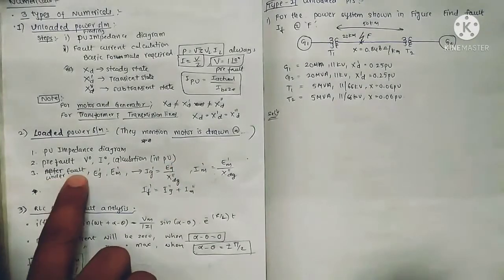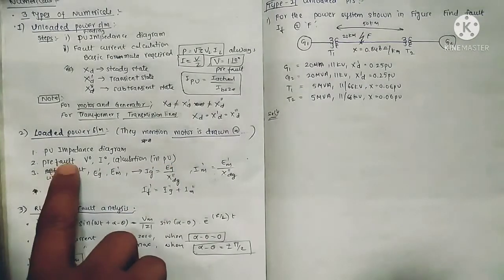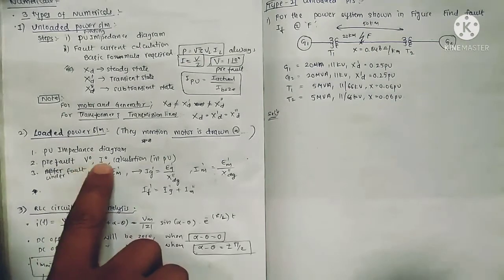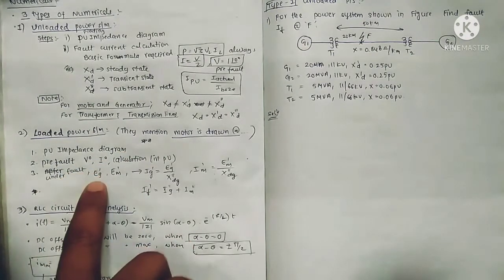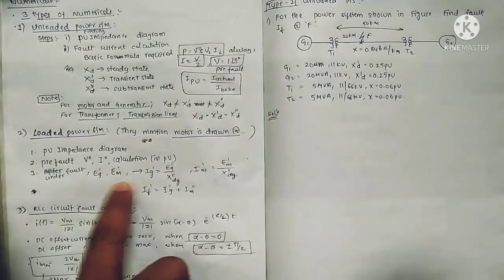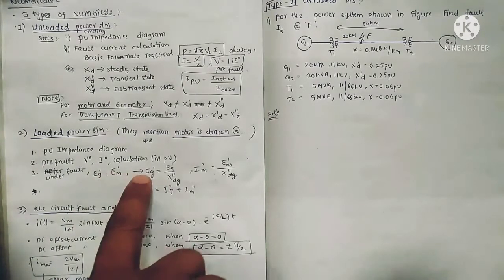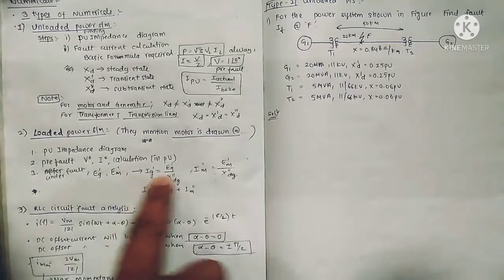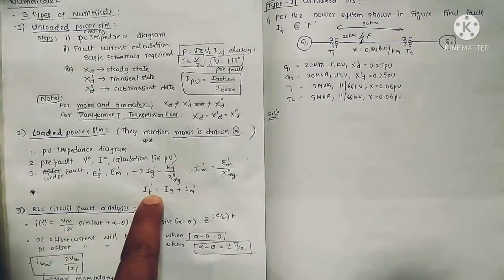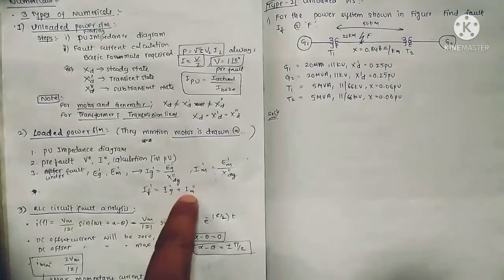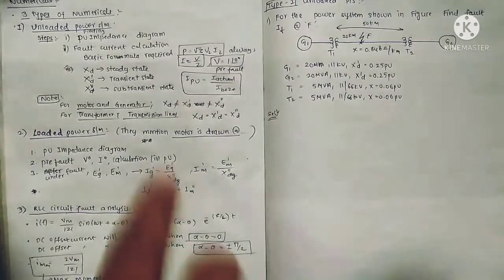Under fault conditions we need to find Eg dash and Em dash. Then taking these, we find Ig dash and Im dash. Finally, we get the fault current by adding the generator and motor currents.